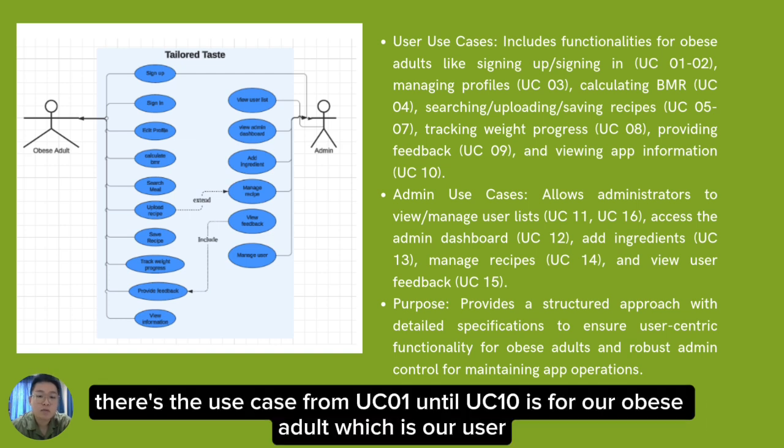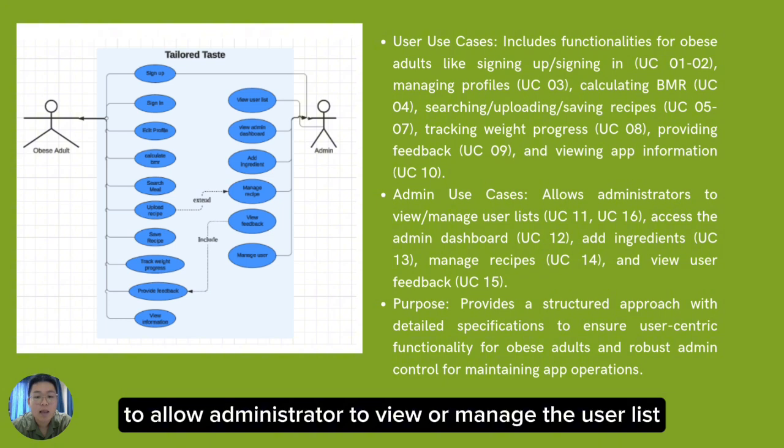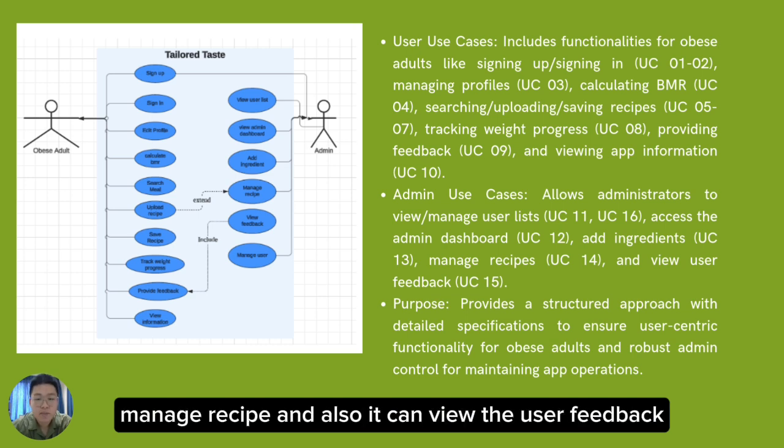The use cases from UC01 until UC10 are for our obese adult, which is our user. The rest of the use cases are for the admin, to allow the administrator to view or manage the user list, access the admin user dashboard, and also add ingredients, manage recipes, and view user feedback.